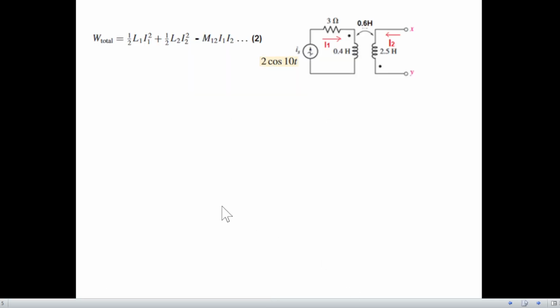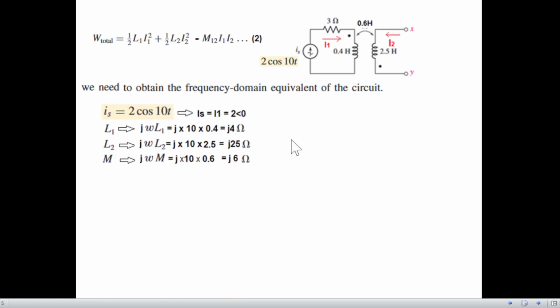Okay, now we need to obtain the frequency domain equivalent for this circuit. We could have done at least the first part in the time domain, but it is always advisable to convert the circuit into the frequency domain and then solve it. So we'll do that.